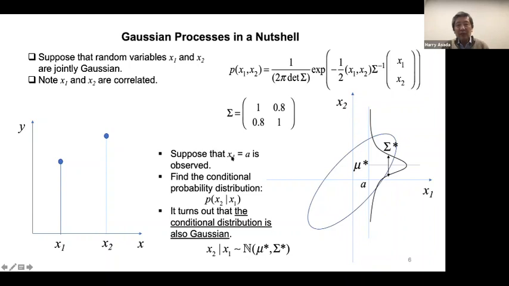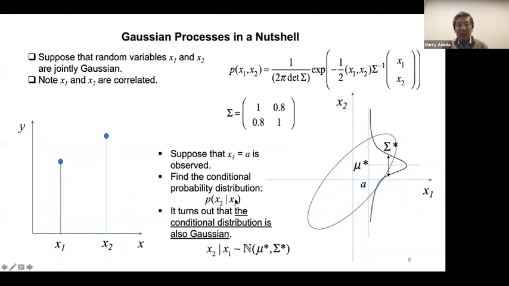So now the interesting question is this. Suppose that x1 equal to a is just observed, okay? Now, knowing the value of x1 tells us something about the value of x2, because x1 and x2 are correlated. So this is basically a conditional probability. Given x1, what is the chance of having x2?